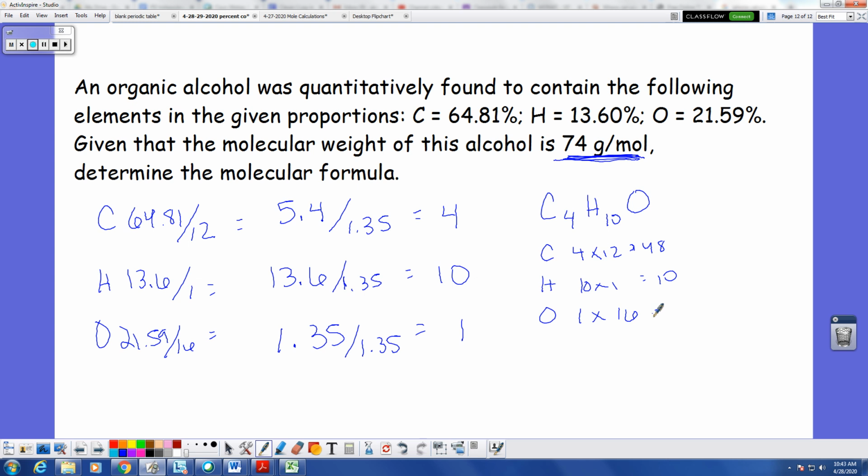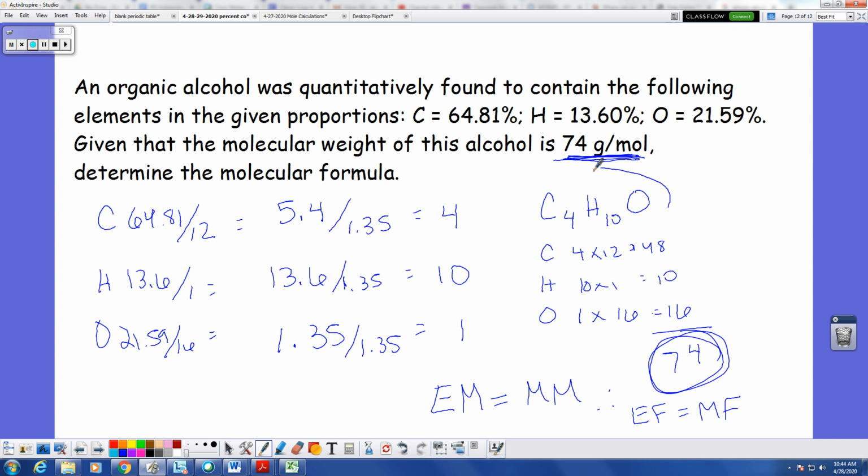You want to be consistent with that. Okay, and we add that up. We get 48, 58, 74. So the empirical mass matches the molecular mass. Empirical mass equals molecular mass. Therefore, empirical formula is equal to the molecular formula. So this is the answer for both.